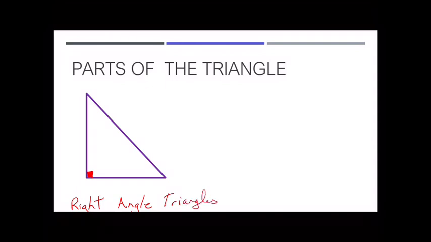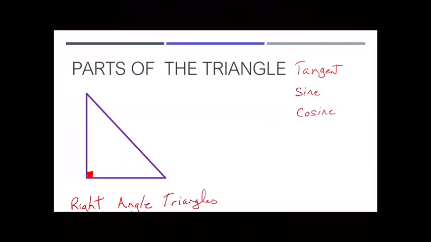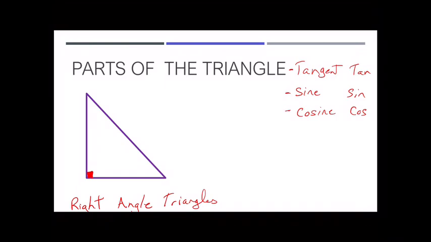Now we are going to be finding information about the different parts of the triangle using tangent, sine, and cosine, which in short form is tan, sine, and cos. These three things are our trigonometric ratios.